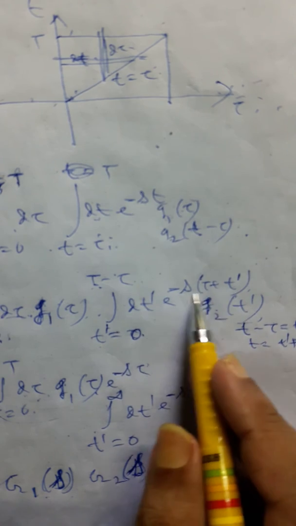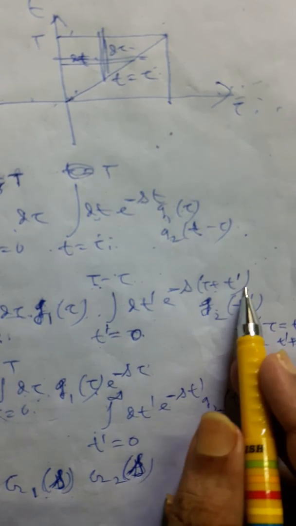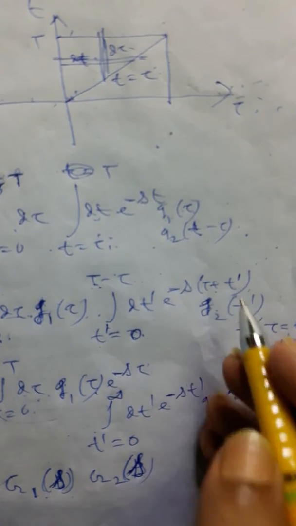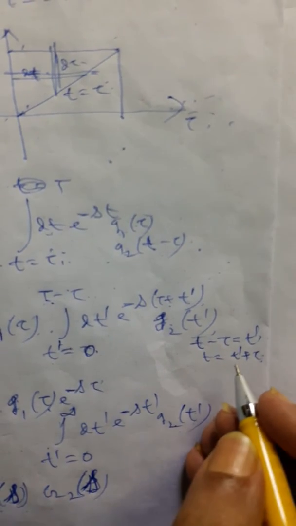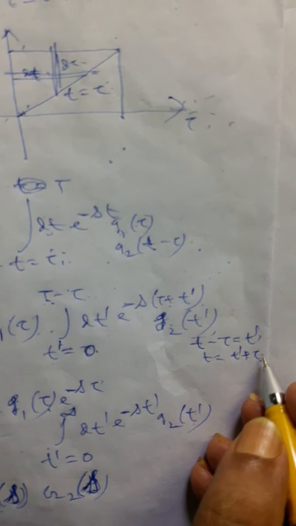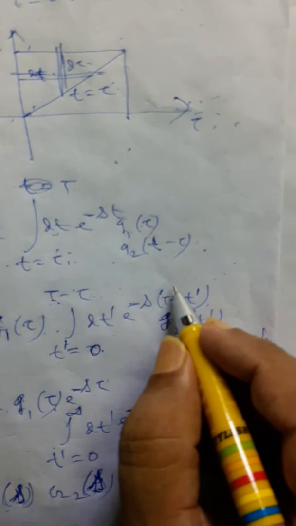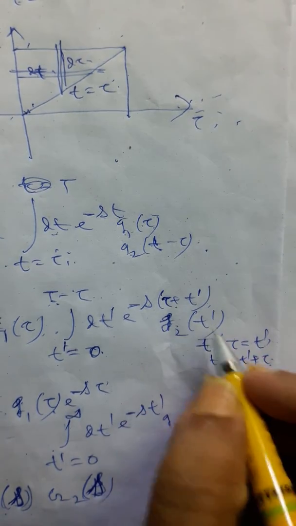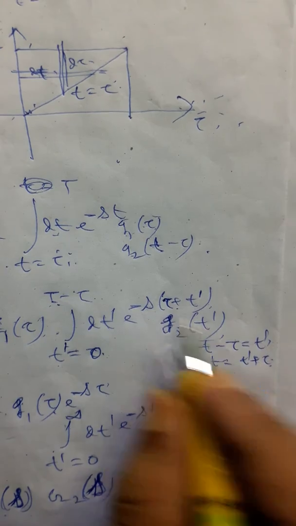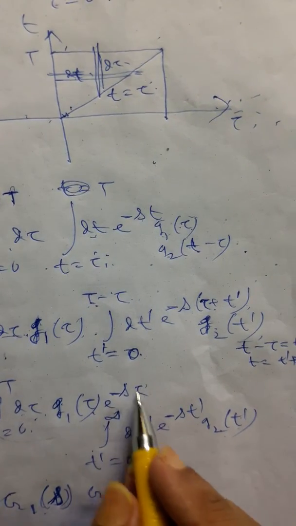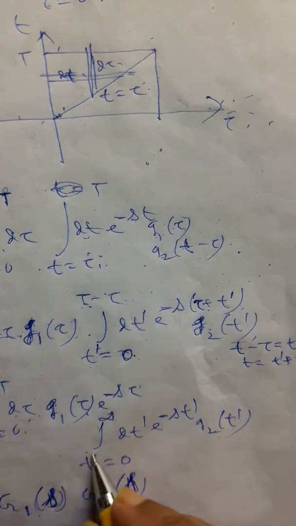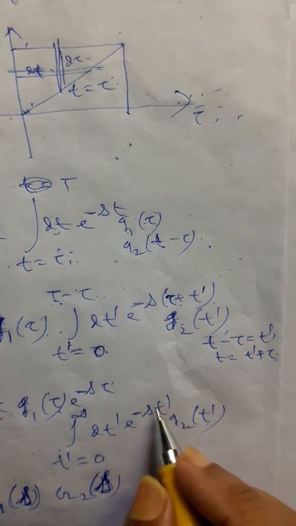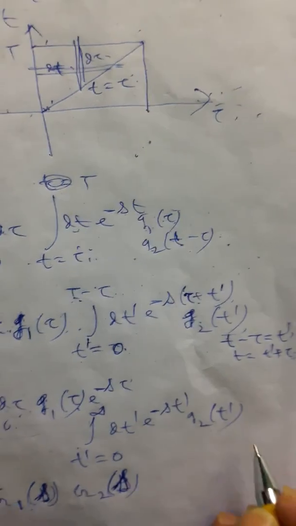If you break it up, e^(-st) becomes e^(-s(tau + t')), since t is replaced by tau plus t'. So it is e^(-s tau) times the integral over t' from 0 to infinity dt' e^(-st') g2(t').